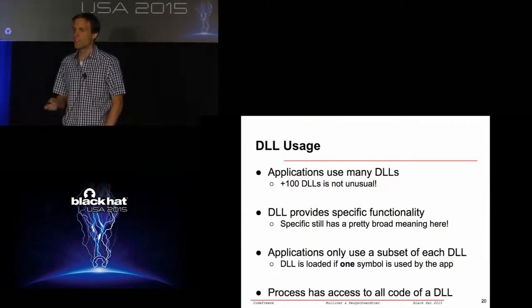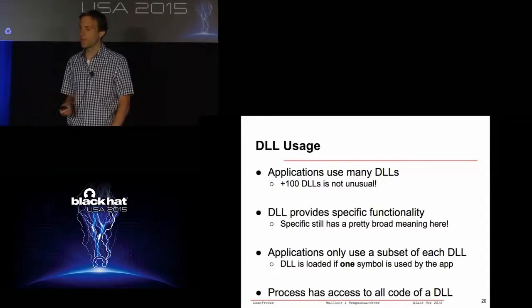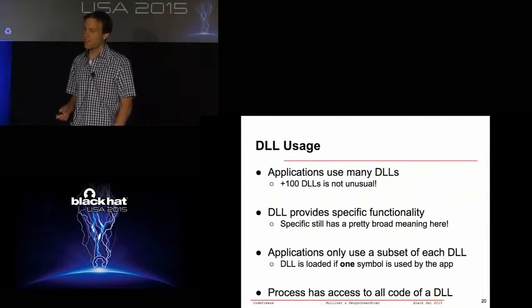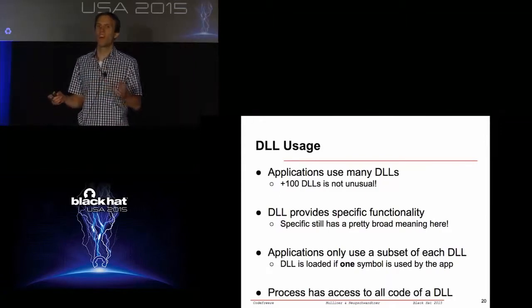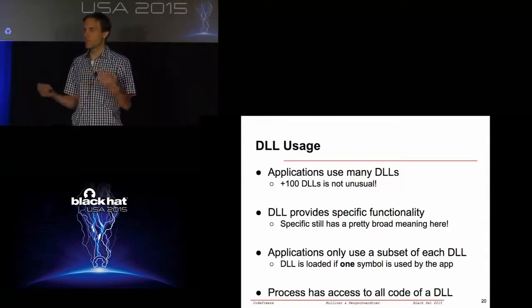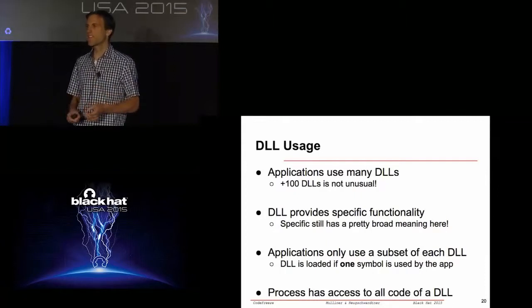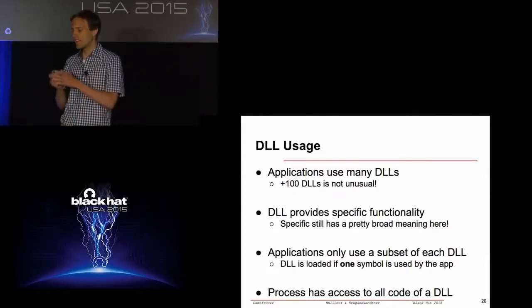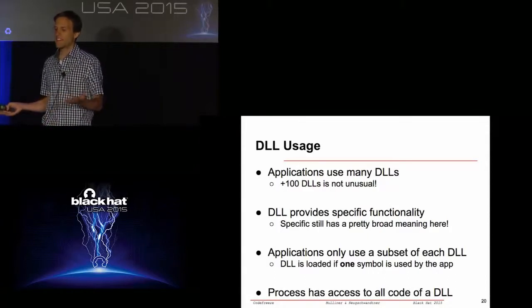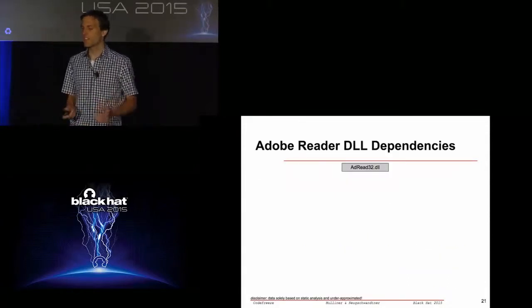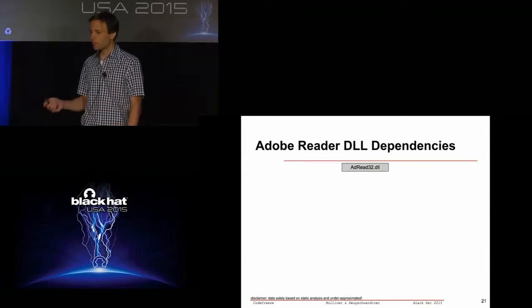So over 100 DLLs is actually not unusual for a modern application. And even if the application just uses one function of a DLL, so one function has been exported, it still has to load the whole DLL and all the code that comes with it. And the process also has access to all the code of the DLL that it might not even use.